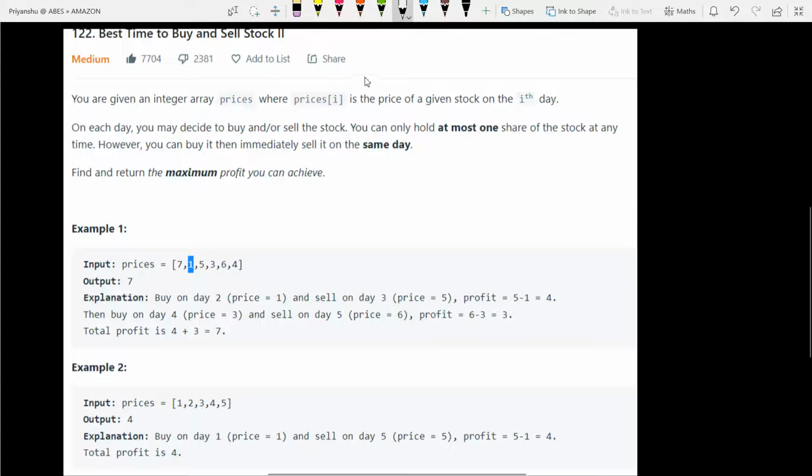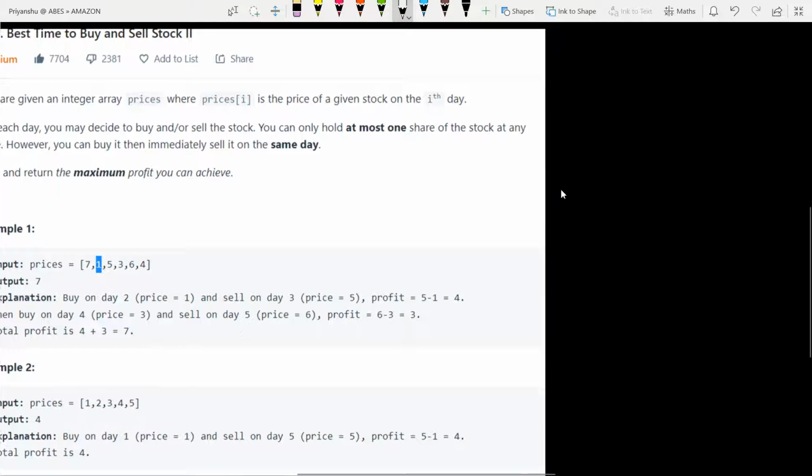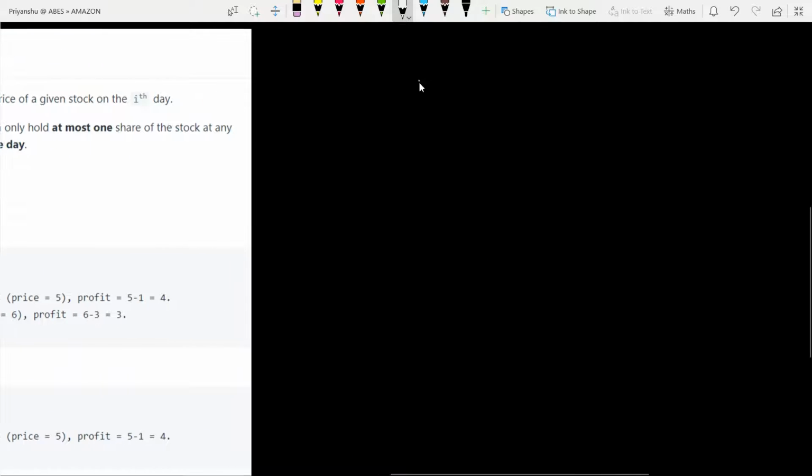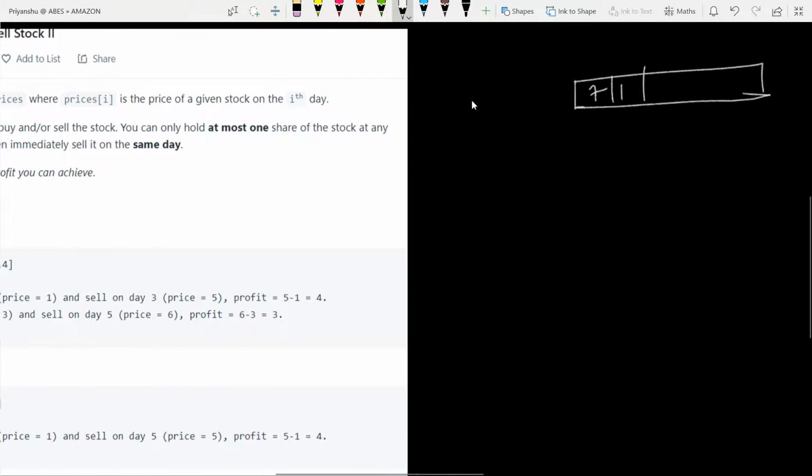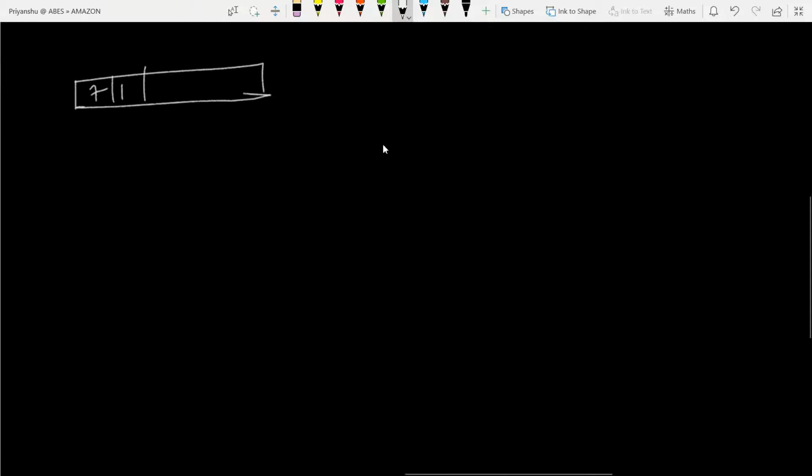Now let us analyze the test case and try to solve the problem. We have 7 1 5 3 6 4. Now there's a simple thing: on which day do we want to buy the stock?